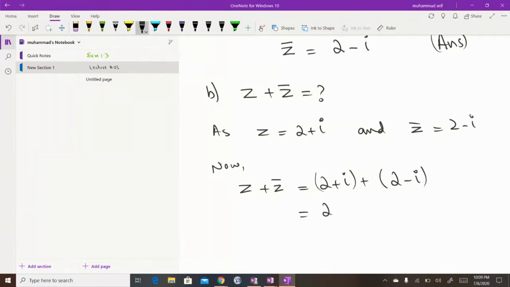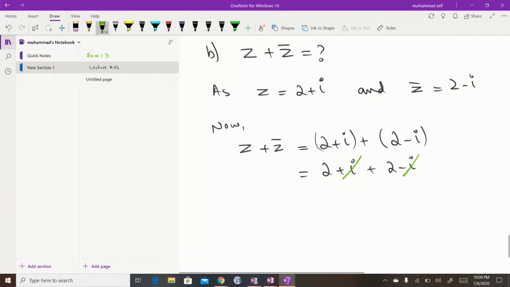After opening the brackets, we cancel positive iota with negative iota and get only 4. That is, 2 plus 2 becomes 4, which is our required answer.